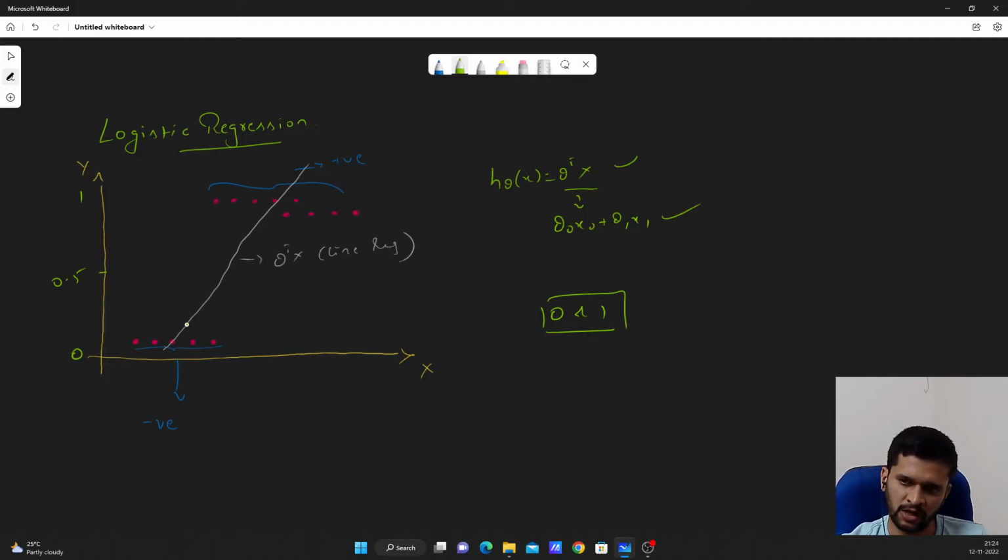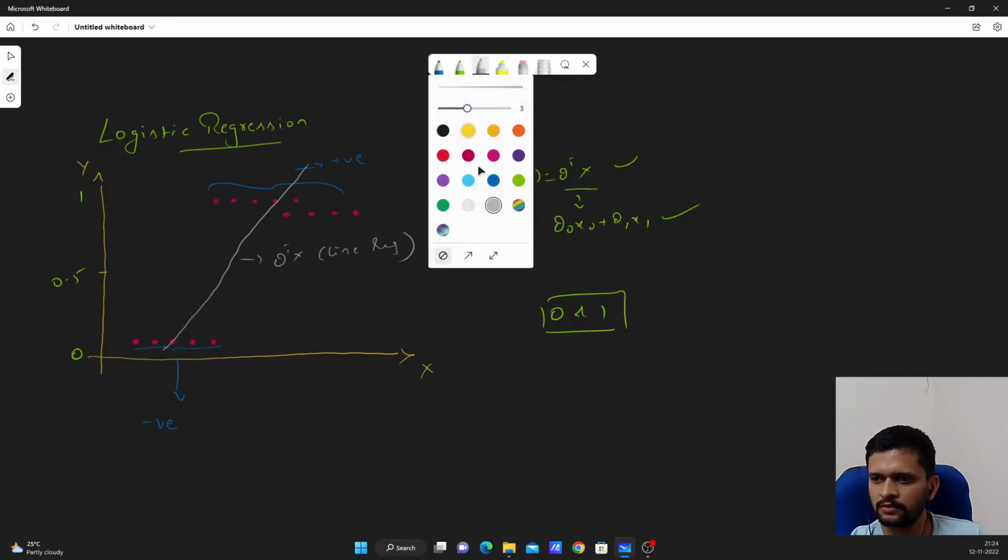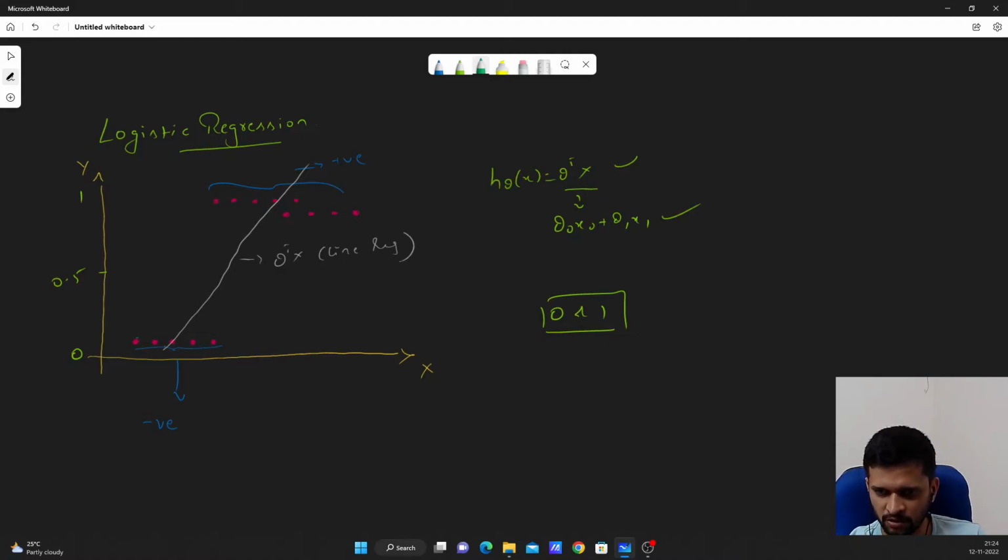If you visualize the output between 0 and 1, we want the curve to be something like this. If I draw the curve, it should look something like this. This is how we want the hypothesis to be.